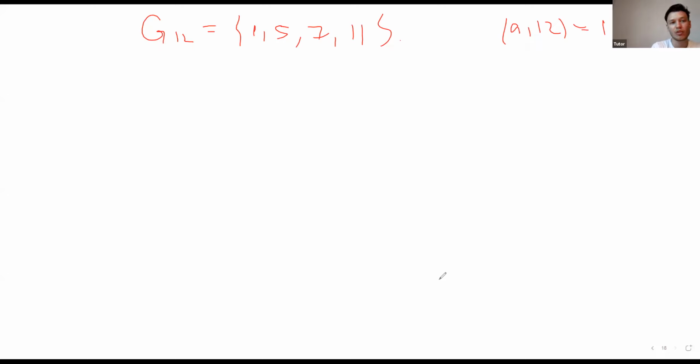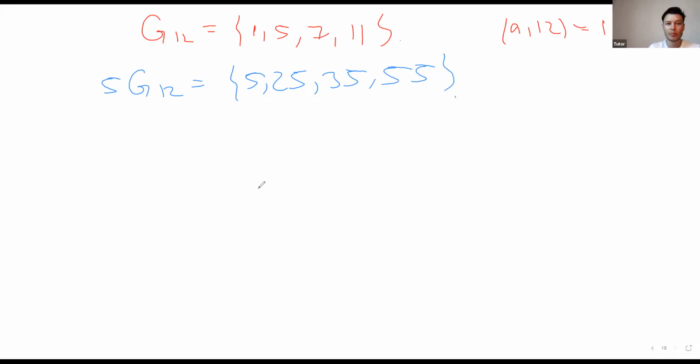For example, if I pick a good remainder, 5 times G12, what's going to be this? It's going to be 5, 25, 35, and then 55. So these are all the possible results when I look at 5 times G12.